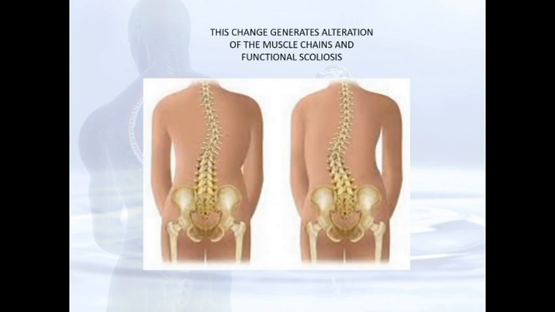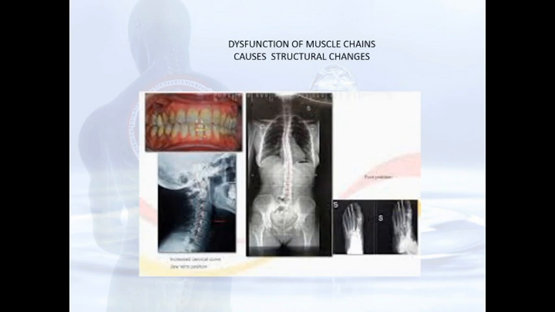Proprioception is very, very important. We think scoliosis is a disease, but most scoliosis are functional scoliosis, where alteration of muscle chains, the stomatognathic system, foot support sometimes, biochemistry, etc. intervene, and that is creating a functional scoliosis.